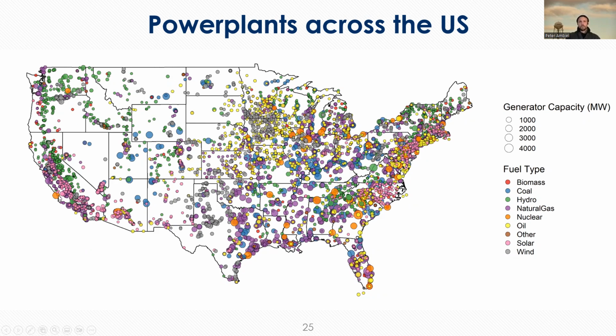There is one orange dot in California. This is the Diablo nuclear power plant, which was slated to be shut down in 2025, but its life actually got extended. It's 2023.